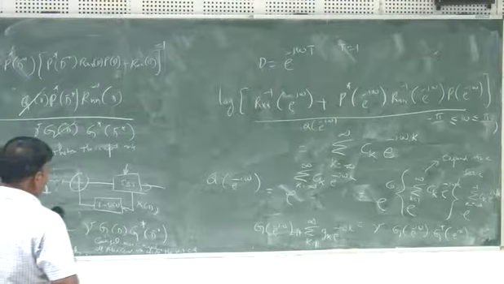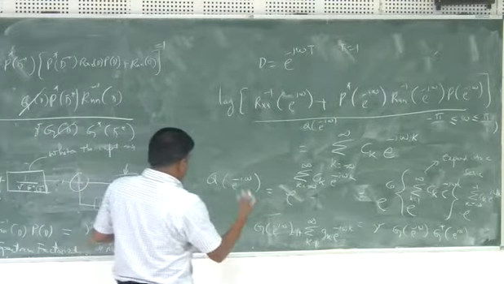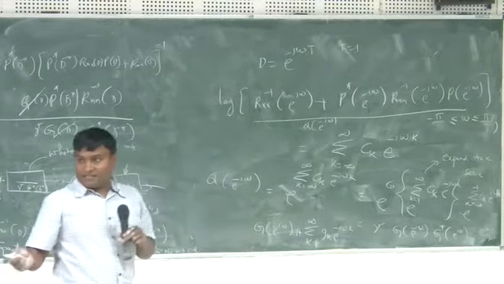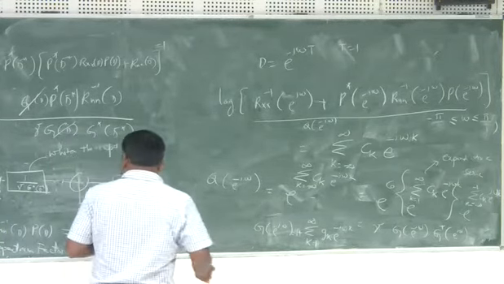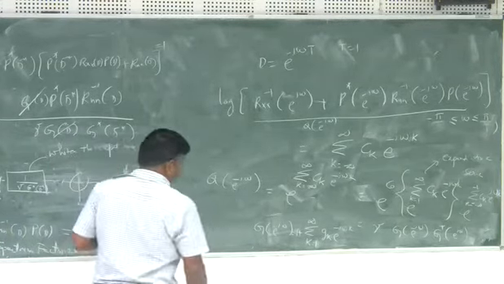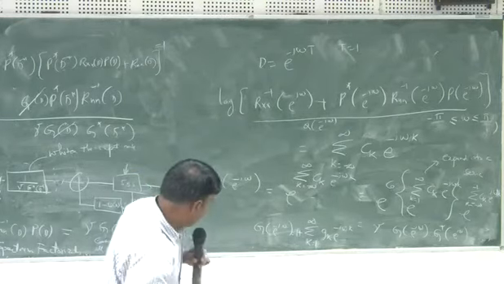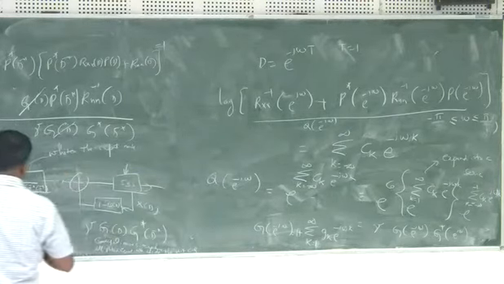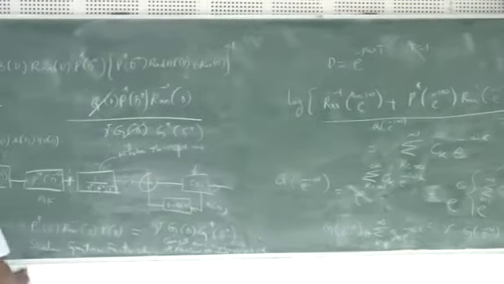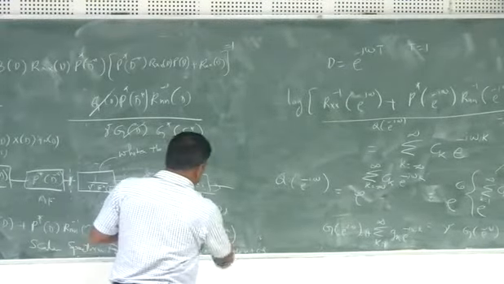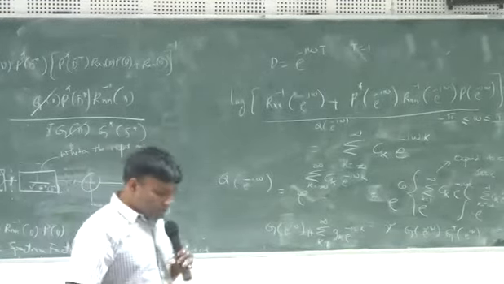Okay? Now I can go back and just rewrite this in D domain. It hardly matters whether I write it in frequency domain or D domain. So I can write it as q of D, this q of D is equal to this g of D into gamma, g star of D inverse.